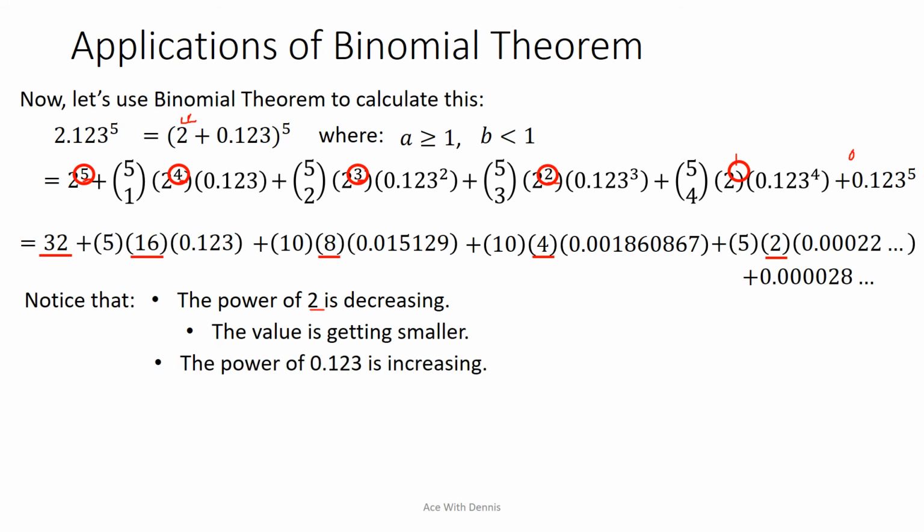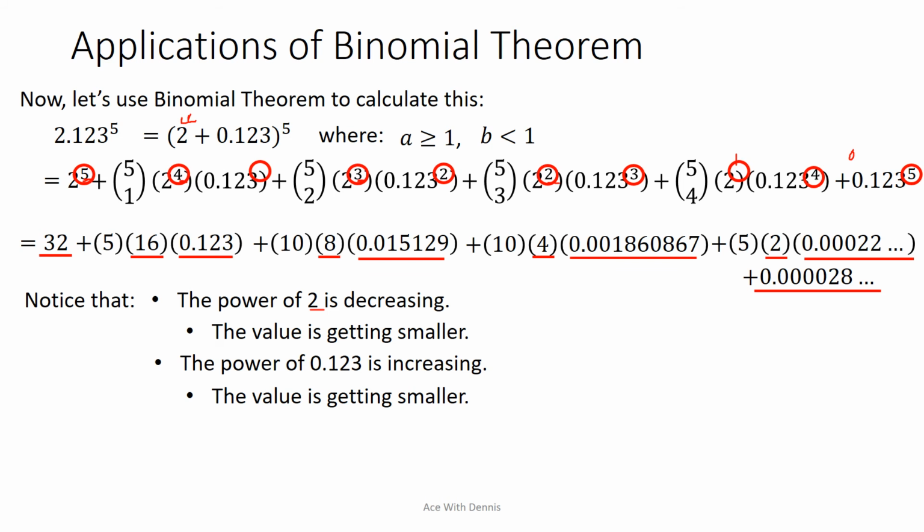Next, the power of 0.123 is increasing: power 1, then power 2, power 3, power 4, and power 5. When the power is increasing, the value is getting smaller.